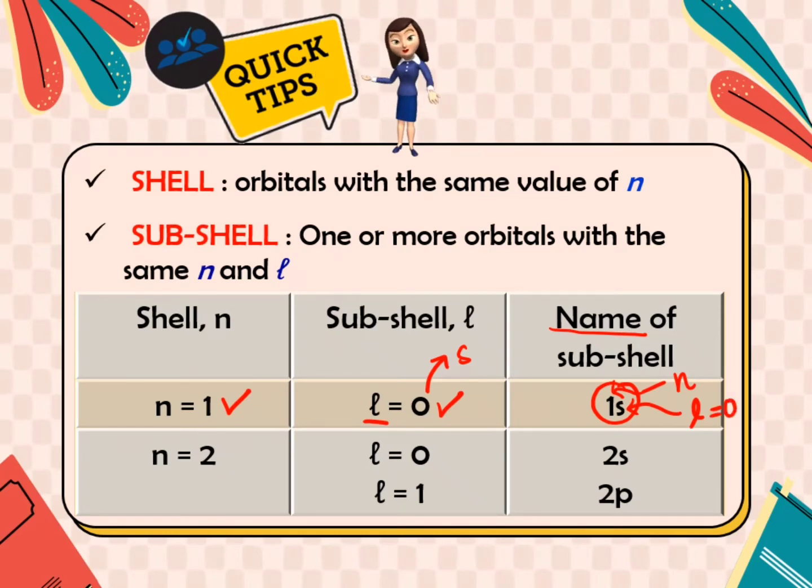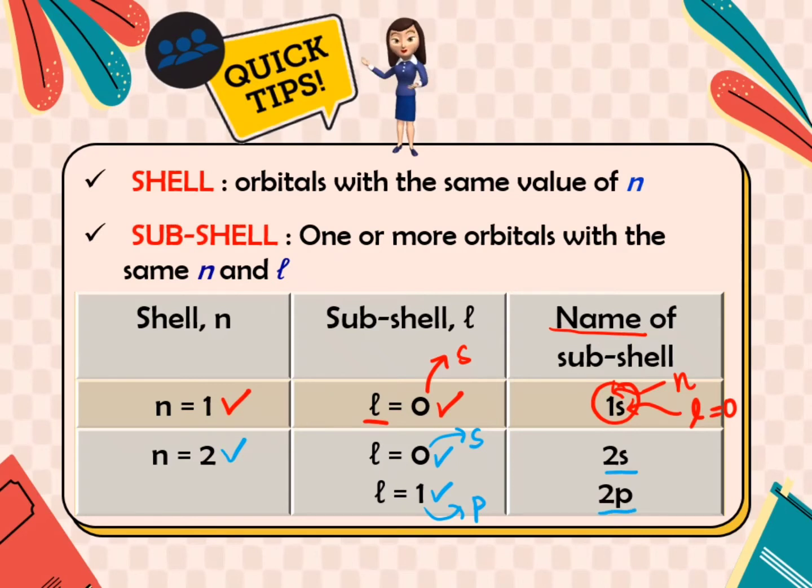Boleh? Okay, for example, if you have n equal to 2. Nampak, so n equal to 2, we know that nombor sebelum 2 apa? Kita ada L equal to 0, L equal to 1. L equal to 2 tak boleh sebab tadi syarat dia for L 0 to n minus 1. So kalau L equal to 0, refer to shape S. Kalau L equal to 1, just now refer to shape P. So kita gabungkan, kita akan dapat 2S, 2P.